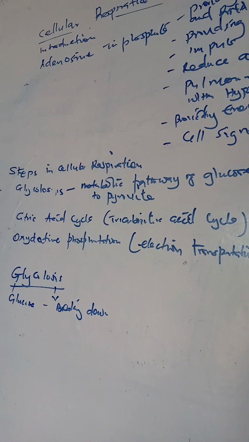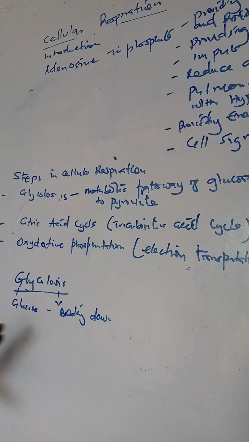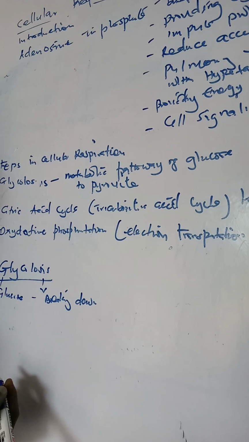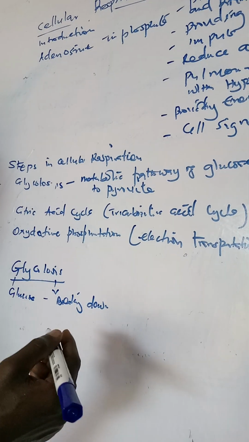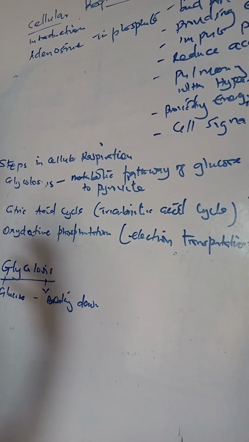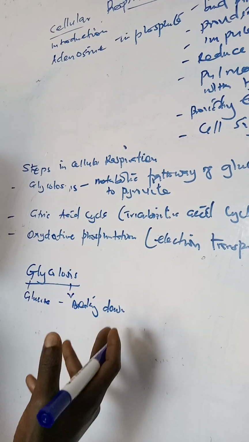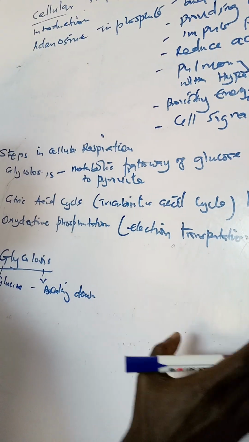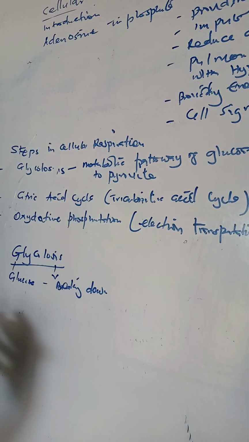you come up with a word for the process by which glucose is broken down, or the process of breaking down glucose to produce energy, to produce ATP.